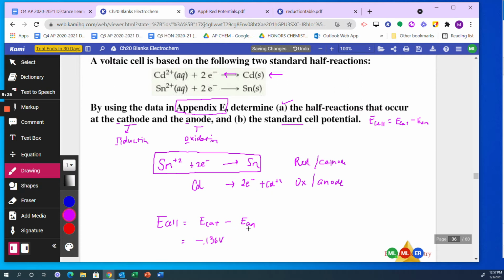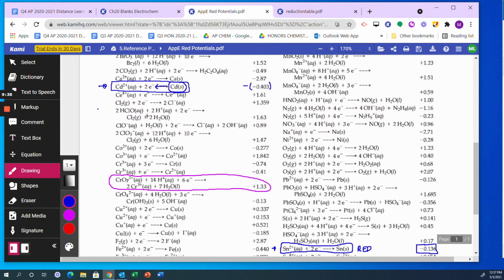Then I'm going to look at the potential for the cadmium half reaction, and it's being oxidized, so I have to flip the reaction. Cadmium is written as a reduction, so it's normally negative 0.403, but if you flip it, you're going to put a negative in front of it in the formula. So negative negative 0.403.